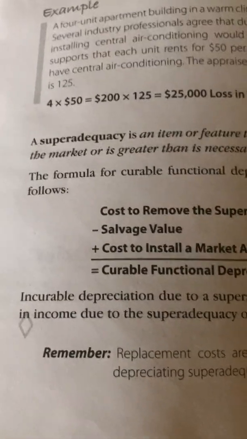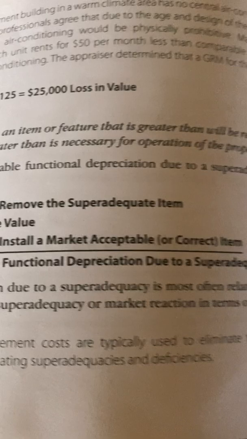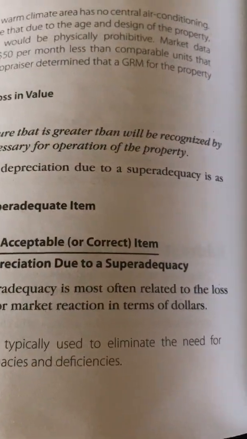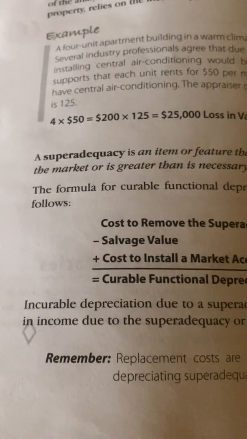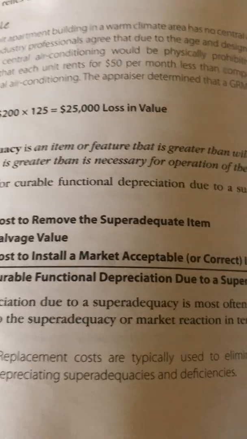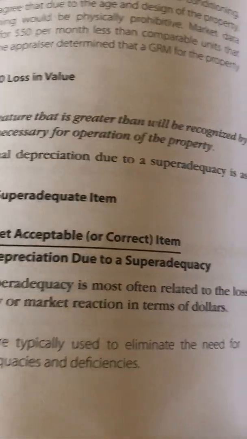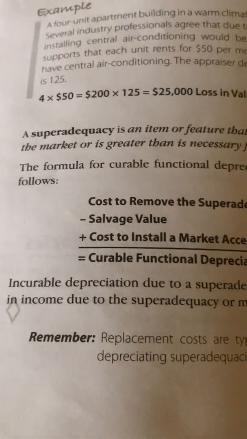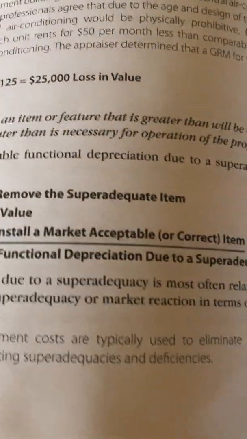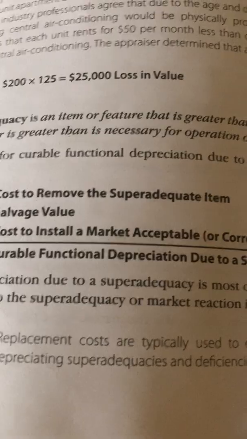Incurable depreciation due to a super adequacy is most often related to the loss in income due to the super adequacy or market reaction in terms of dollars. Remember, replacement costs are typically used to eliminate the need for depreciating super adequacies and deficiencies.